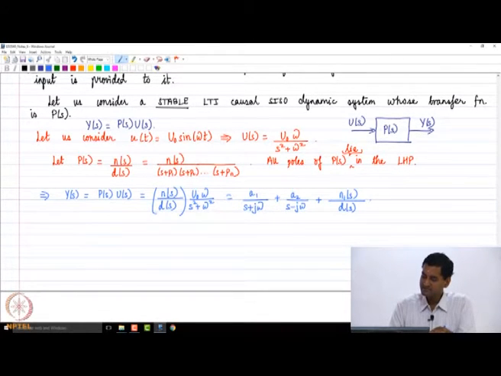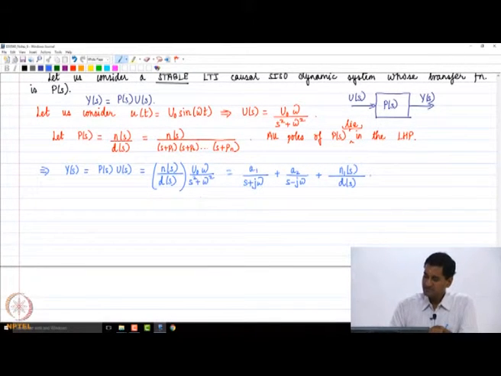And that is essentially this. Please note that this is P of s. Please remember that. If I want to find A1, what should I do now? We multiply both sides by s plus j omega, right.